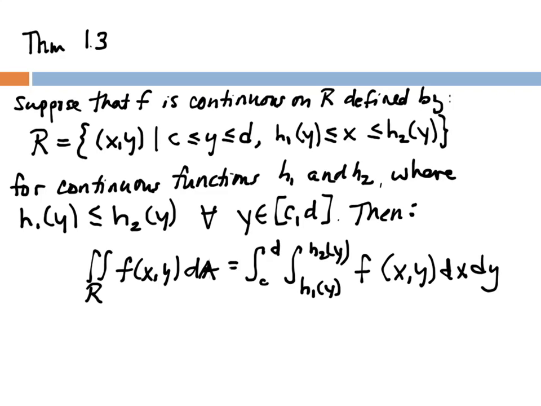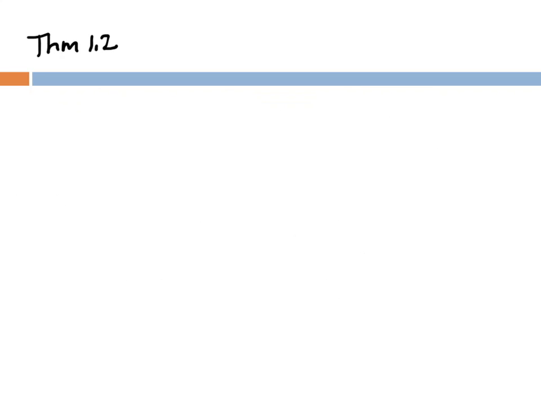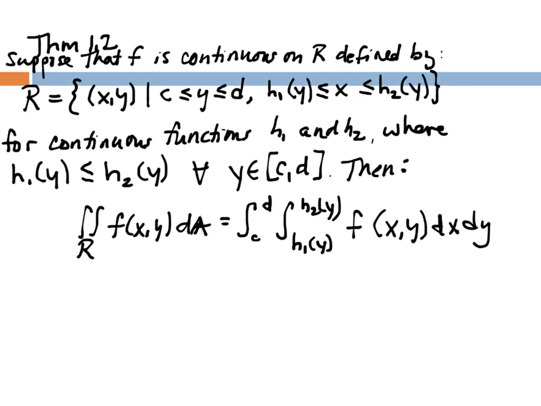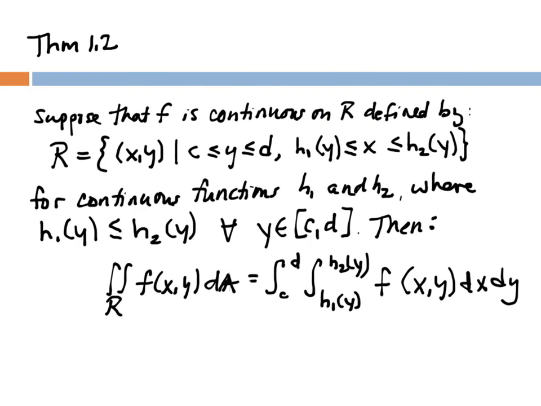In fact, you know what? We're going to do it like this. Suppose that f is continuous on R, and it's defined by, the pieces I'm going to change are going to be inside of here. This is going to be defined differently.